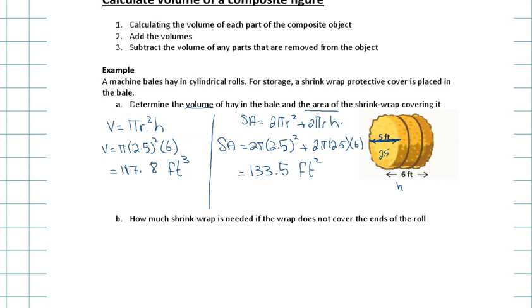Now the second question is asking you, how much shrink wrap is needed if the wrap does not cover the end of the roll? So what would the shrink wrap be covering? The outside of this one. The outside, which is what part of the outside?